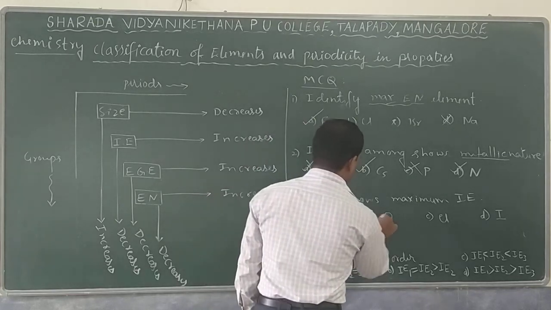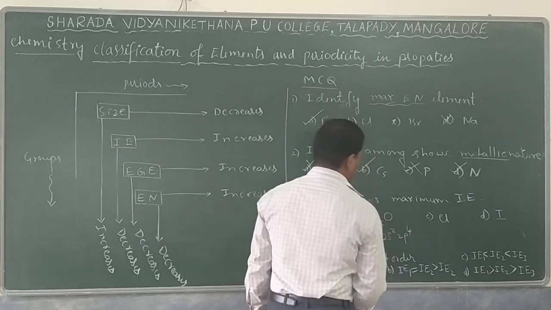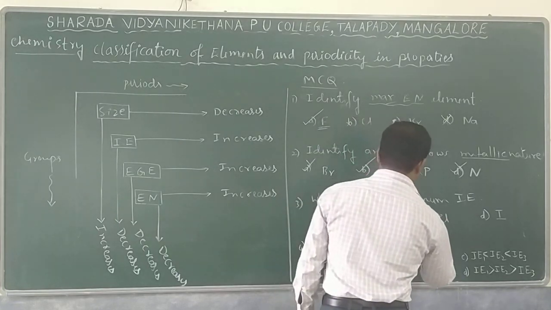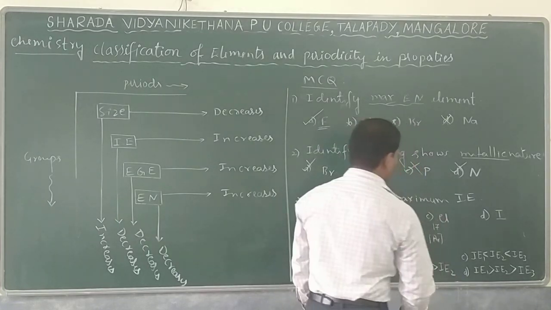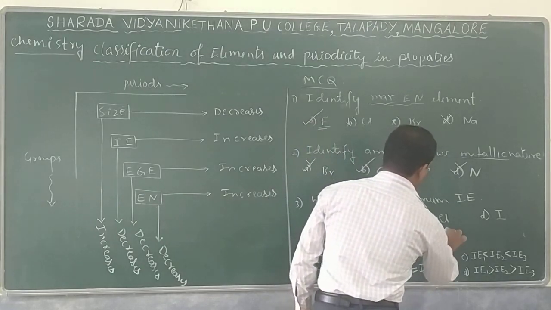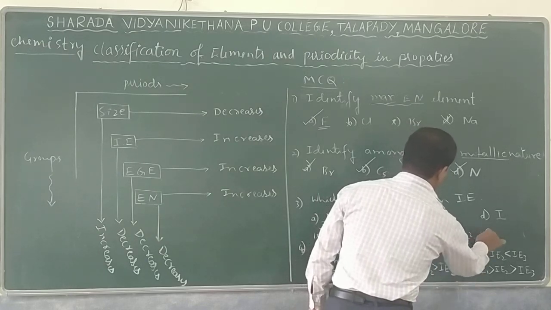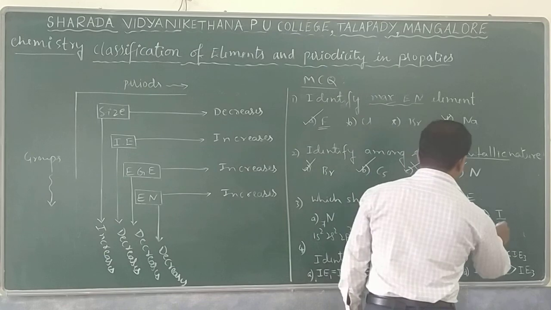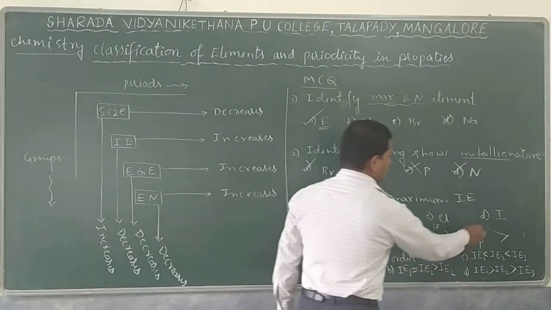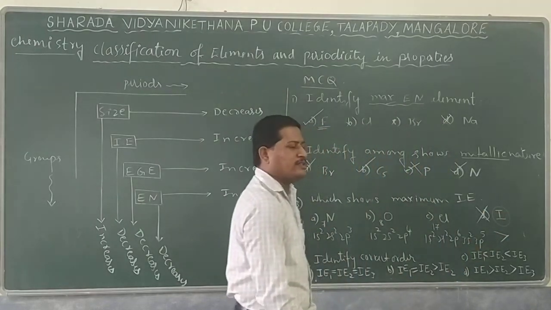Oxygen, atomic number 8, has 1s2 2s2 2p4. Chlorine, atomic number 17, has the argon configuration 1s2 2s2 2p6 3s2 3p5. Iodine has a greater atomic number than chlorine. As a result, iodine shows the lowest ionization energy.